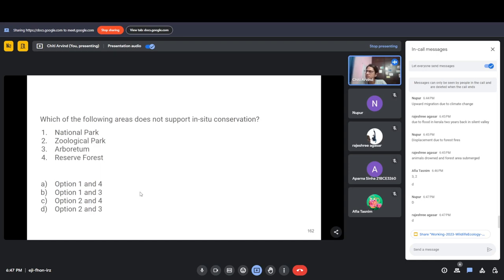Okay, so yeah, I think everybody unanimously agrees that zoological parks and arboretums don't support in situ conservation. Does everybody know what an arboretum is?